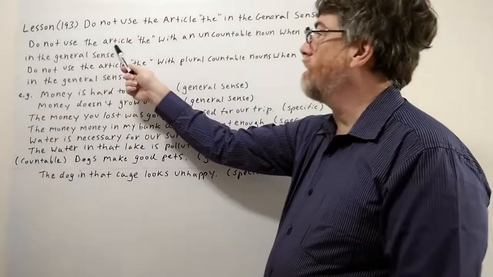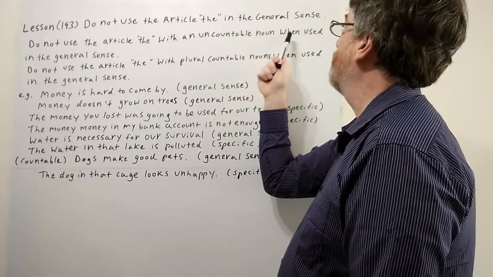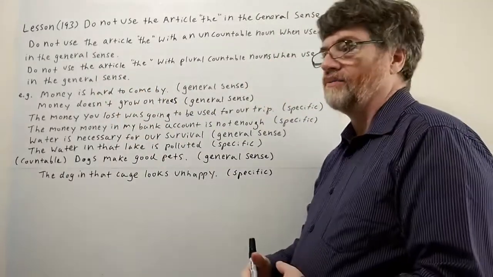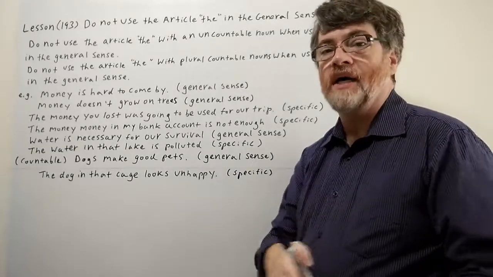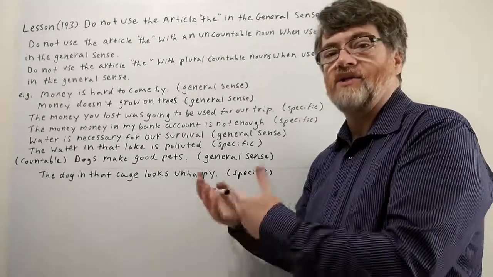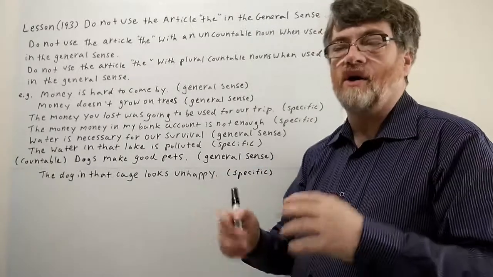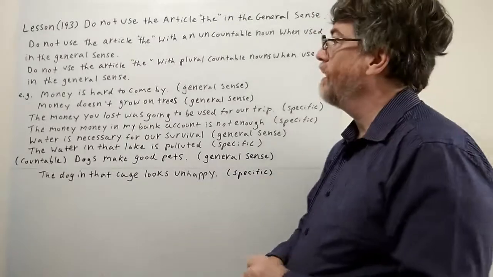Do not use the article the with an uncountable noun when used in the general sense. Uncountable nouns are never used in the singular anyway, so you don't have to worry about that part. Basically, uncountable nouns, general sense, don't use the word the. Omit it. Omit, remember, O-M-I-T, means take it away.